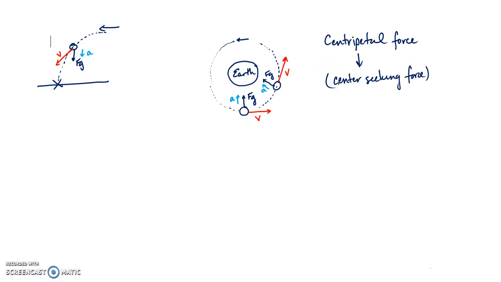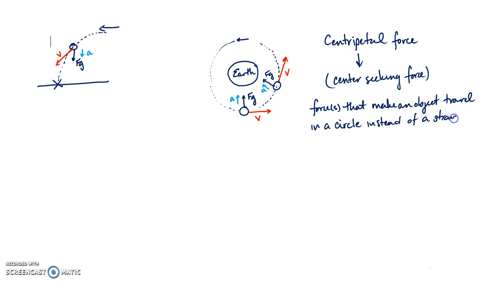And so it's the force, or forces, because it could be multiple combinations like that, that make an object travel in a circle instead of a straight line. Because Newton's first law of motion says all objects in motion want to stay in motion. They want to go in a straight line at a constant velocity.